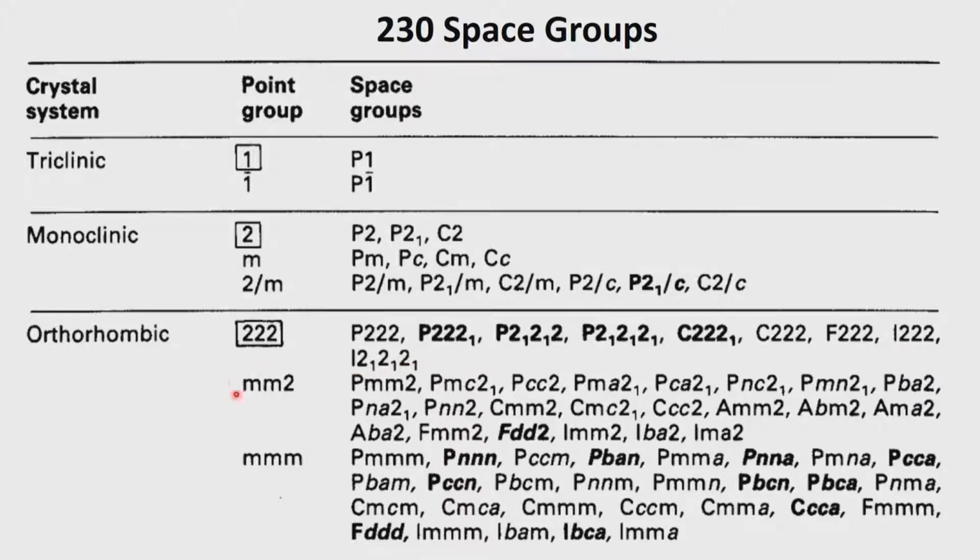If you take the point group symmetry mm2, we took some examples and we studied, in fact, I think one of these, Pca21, is the space group we studied in detail, but you see the number of space groups to which it can belong to. So there is a plethora of possibilities with mm2 symmetry and more possibilities with mmm symmetry. mmm, remember, is 2/m, 2/m, 2/m. So this is the possible number of centrosymmetric space groups in the orthorhombic symmetry.